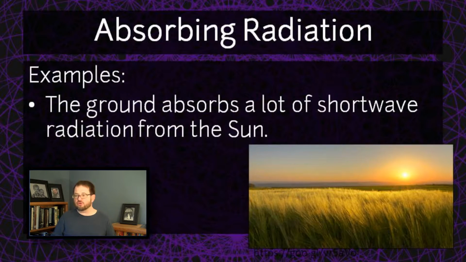Maybe not the ground itself, although the ground can be, plants, for example. Their leaves are in the business of absorbing incident shortwave radiation. That's what leaves do. They're little solar panels. They catch solar radiation as it goes by and they absorb it, and they use the energy in those photons of shortwave radiation to produce sugars and things like that that are the food for the plant.